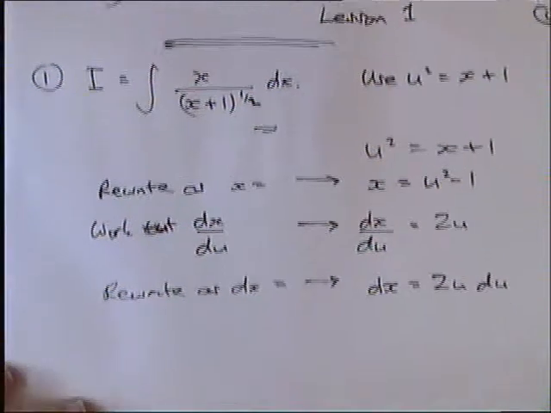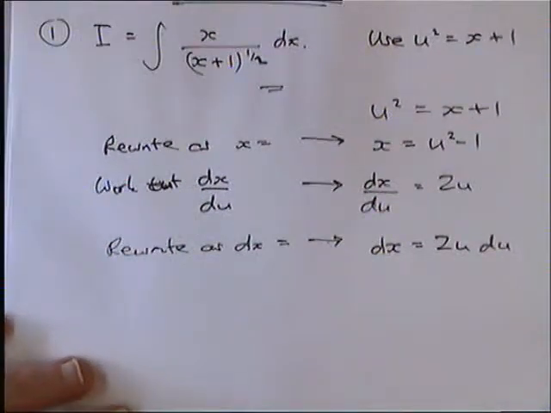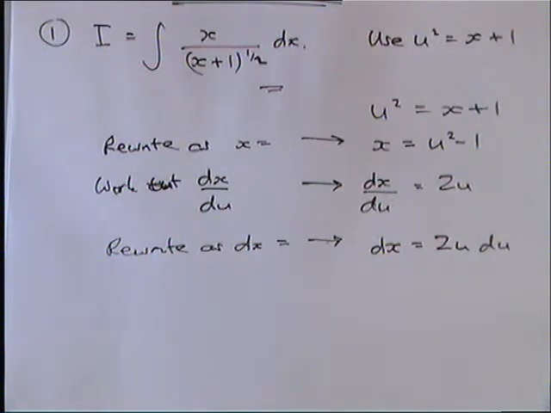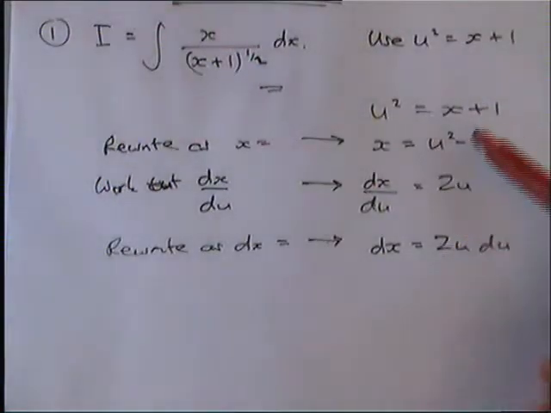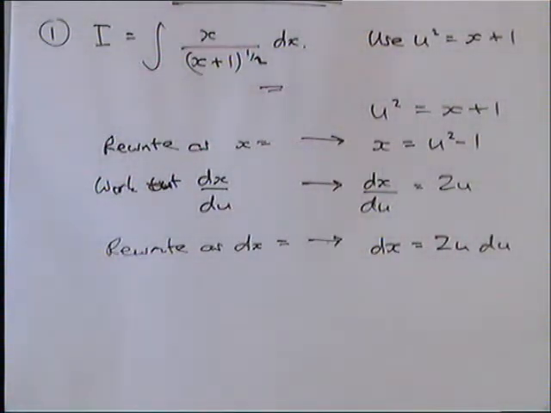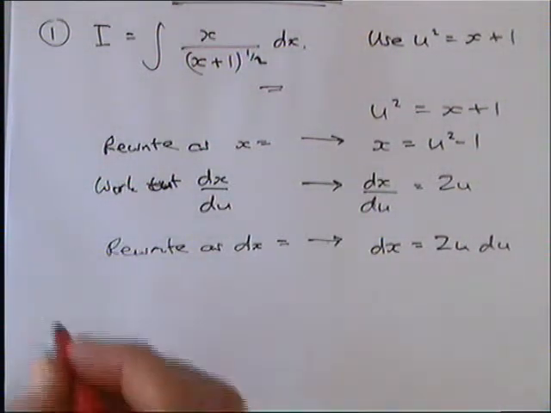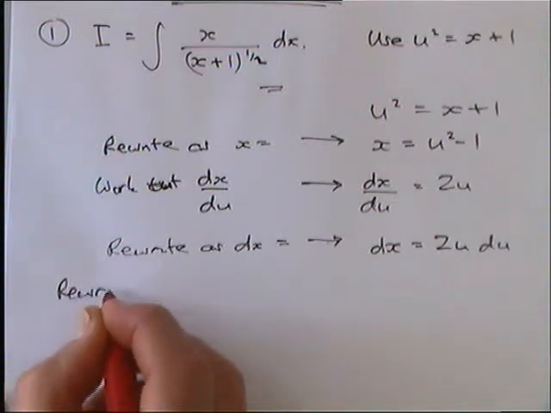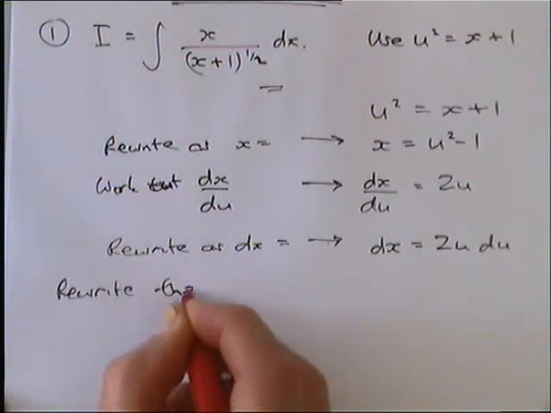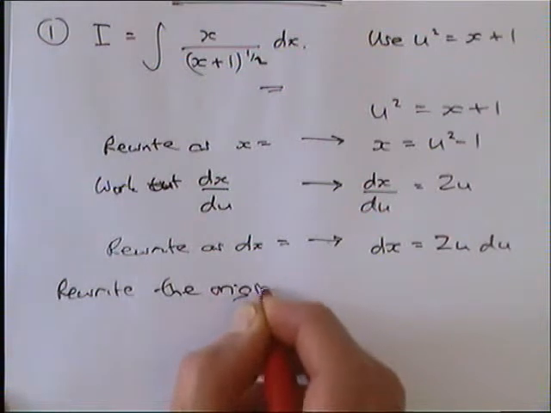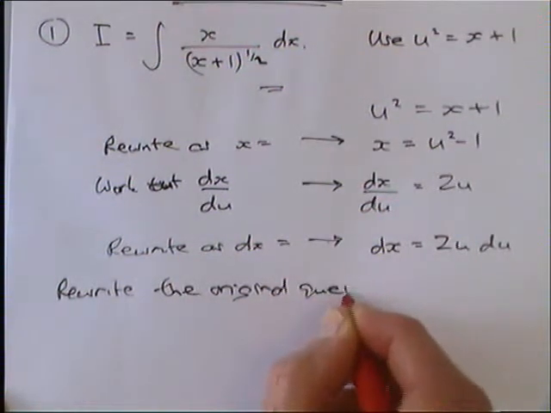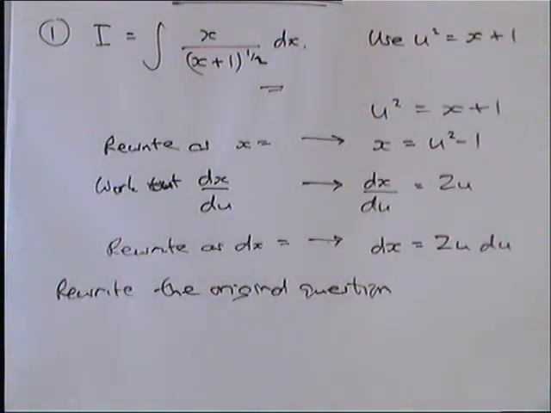And now, once you've done that, you look back at your question and you try and replace things in the question with things that you've written down over here. So what I'm going to do now is rewrite the original question, substituting these bits where I can.